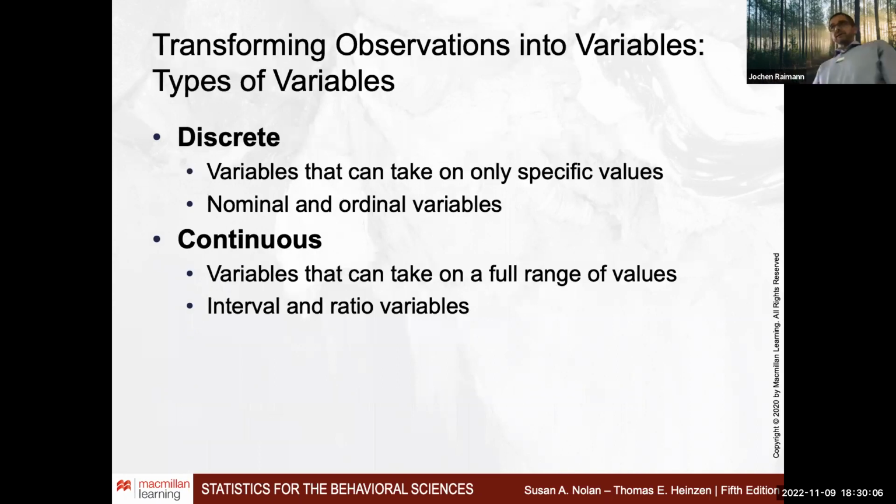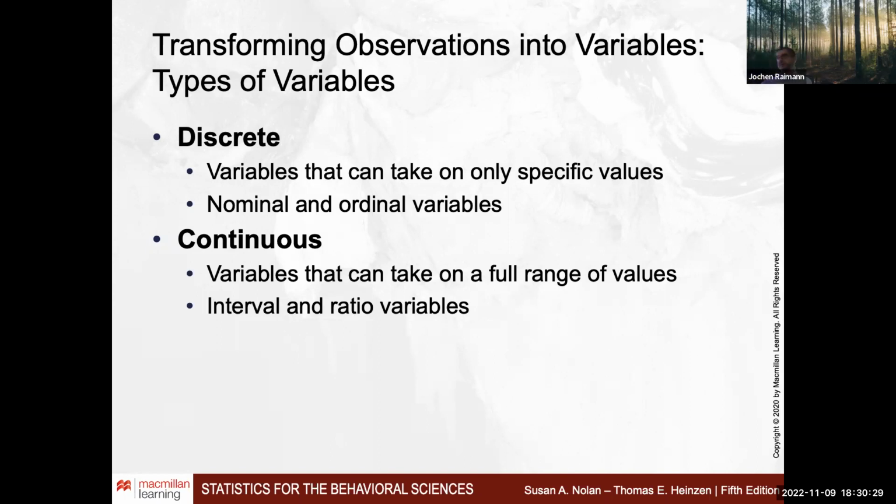You derive different types of variables, and please know those for those quizzes. That's quite a low-hanging fruit of points. You have discrete variables and you have continuous variables. Discrete variables are variables that can only take on predefined values, and they distinguish nominal and ordinal variables.